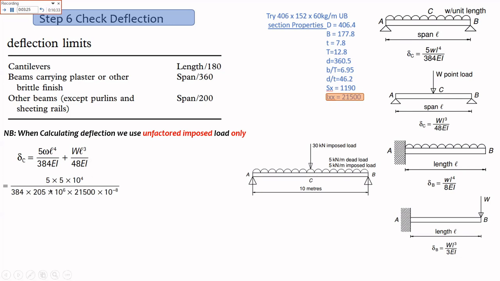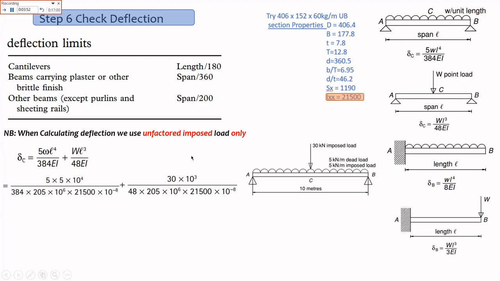Sorry, we are just going to use the 10 meters as it is. So it's basically 10 meters raised to power 4. But towards the end, we are going to convert the deflection in meters to millimeters.